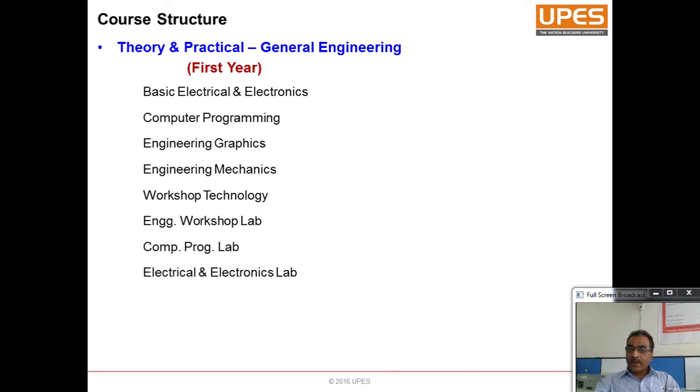That is why some applied basic engineering courses are being included. Then apart from that you will be studying some basic engineering courses like electrical and electronics.